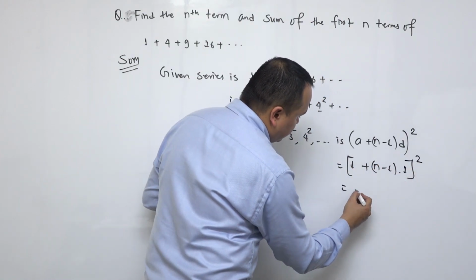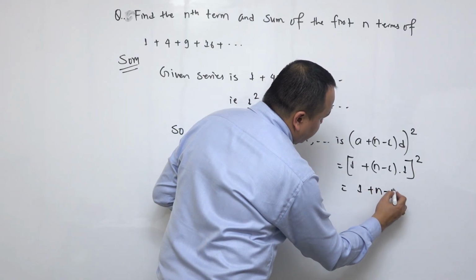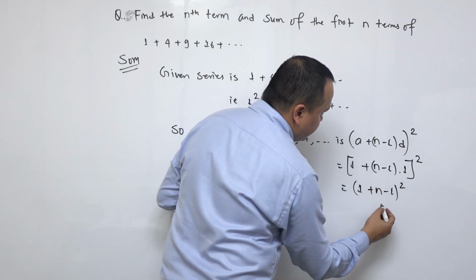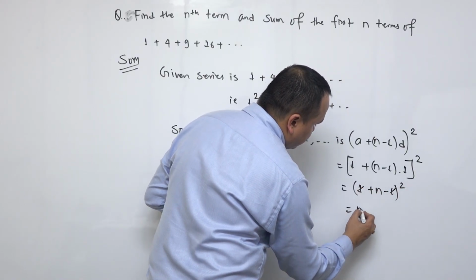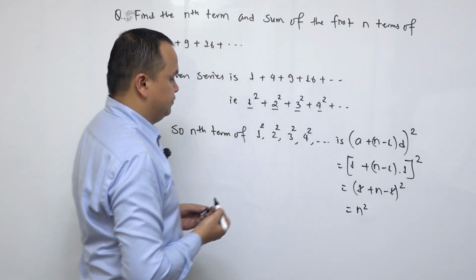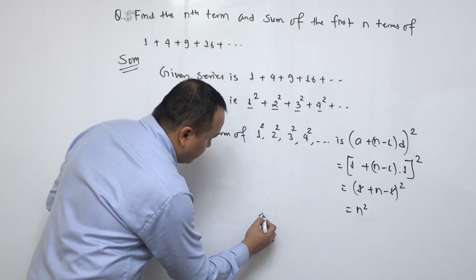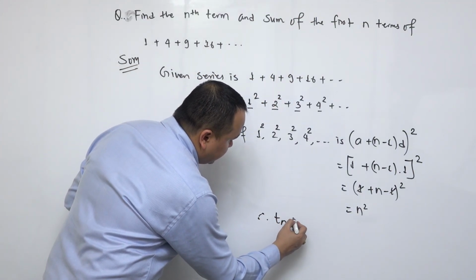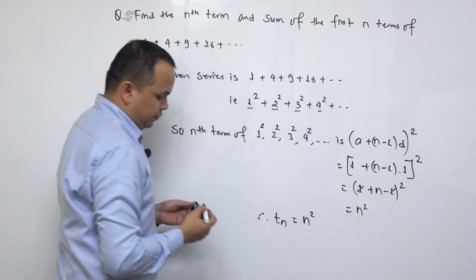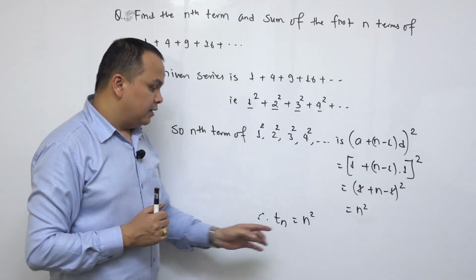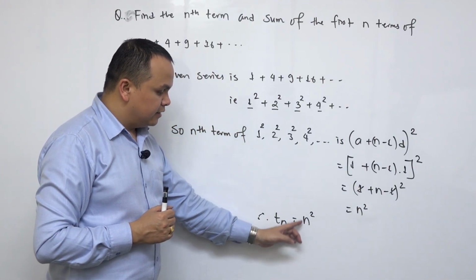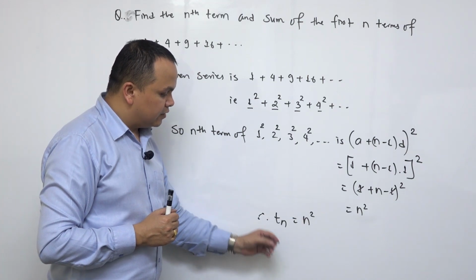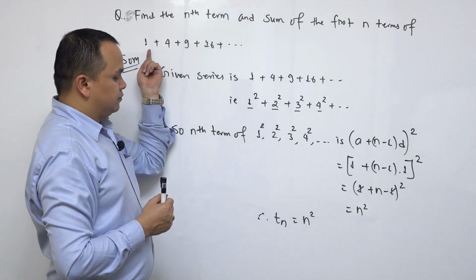Square. So 1 plus (n minus 1) square, 1 cancels. This is n square. Therefore, Tn is n square. If we put n is 1, then it gives 1 square, which is 1, the first term.